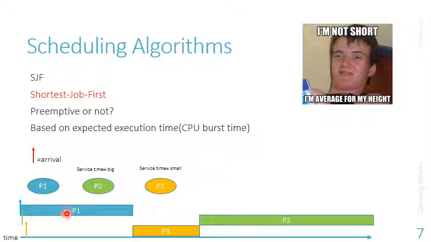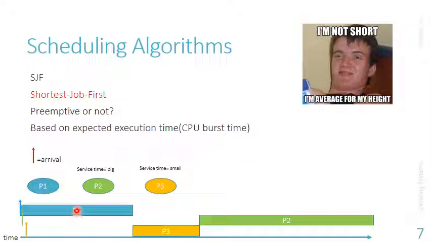Meaning that in time, you're going to notice that P1 has already executed almost half of it.